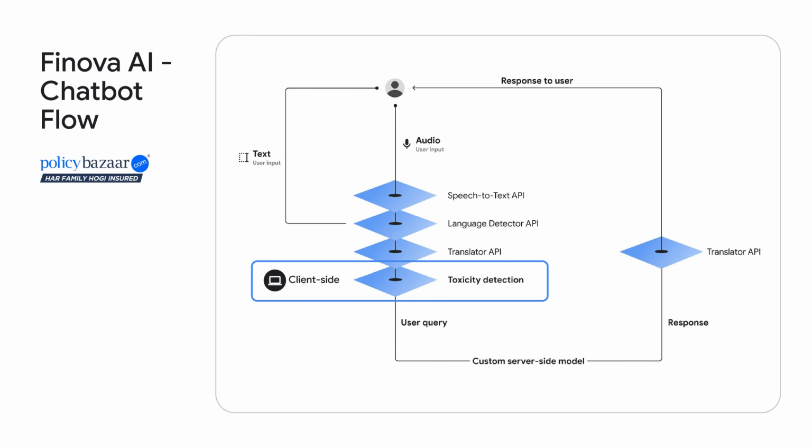Due to privacy and sensitivity reasons, they wanted to analyze messages on the device and only send meaningful data to the server. And eventually, when the conversation is sent to human agents for follow-ups, they wanted to avoid toxic language. This was the motivation to implement a client-side solution.